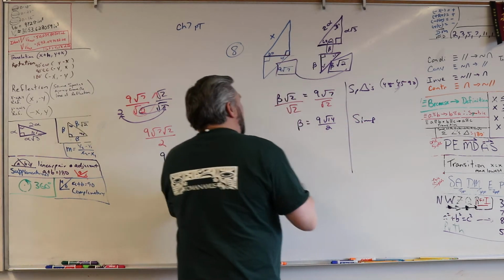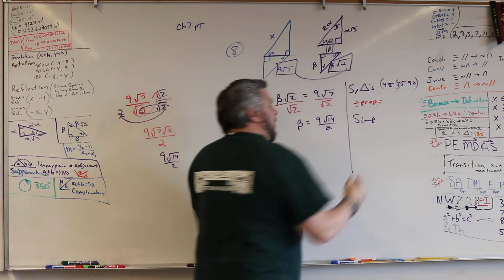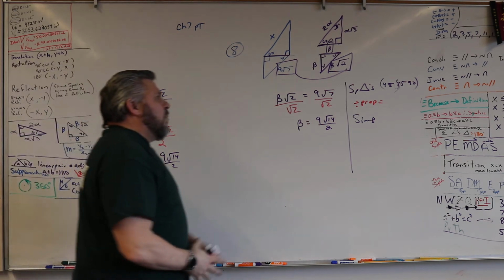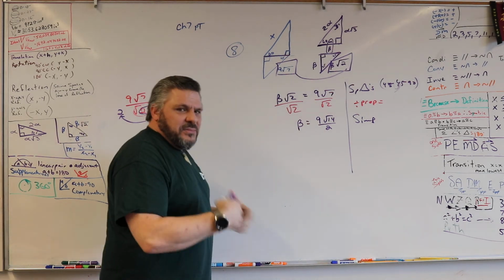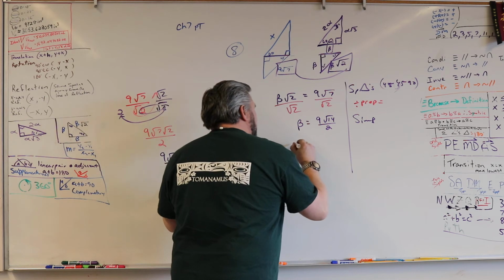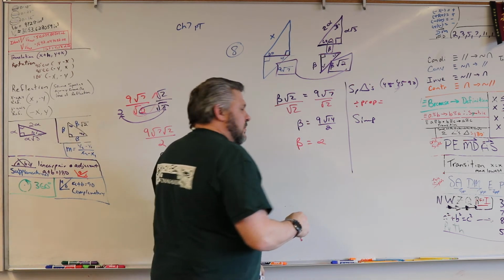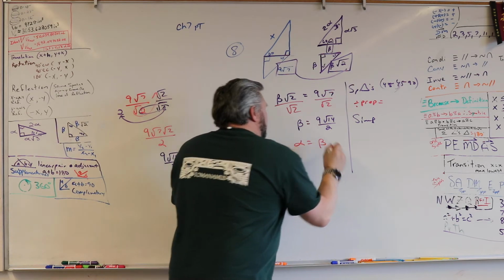Now up here, we did the division property of equality though, right? So now we know what beta is. We already said alpha and beta are equal, but let's say it legitimately now. Let's say that beta is equal to alpha. Or actually, let's do the other way. Let's go alpha is equal to beta.